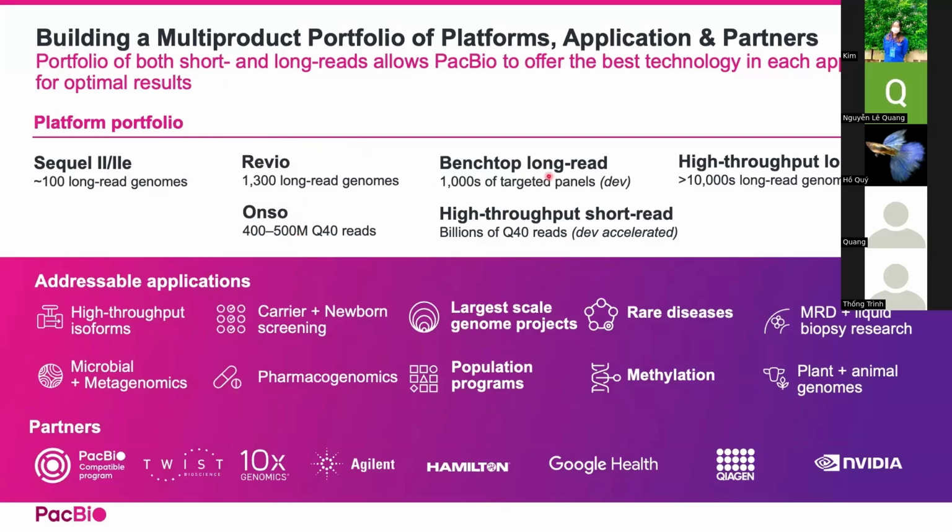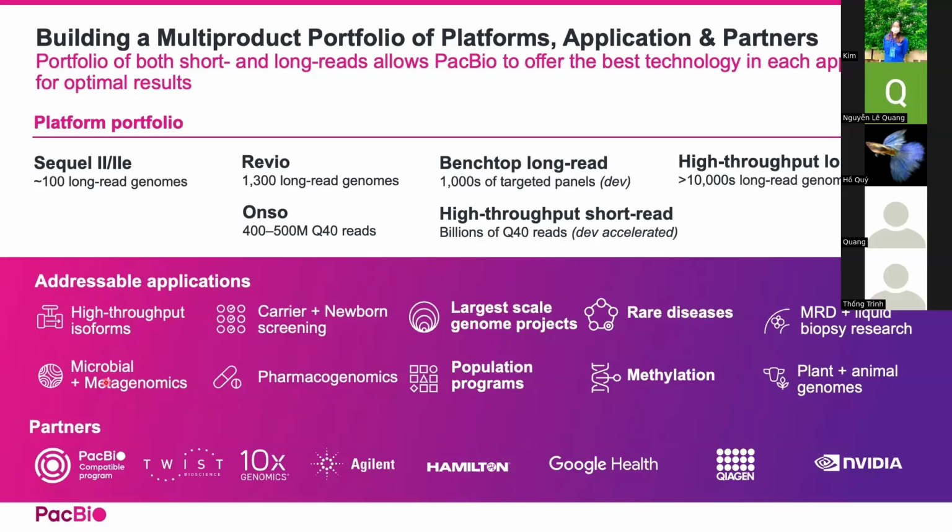In our R&D pipeline, we are also coming out with a benchtop long read, as well as a high throughput long read and short read. With this portfolio, we can address different applications, for example rare disease, cancer genomics, and the focus of today's topic, microbial and metagenomics.